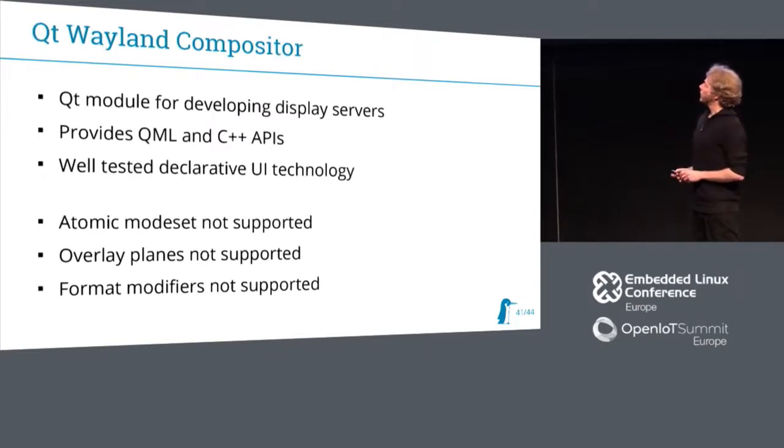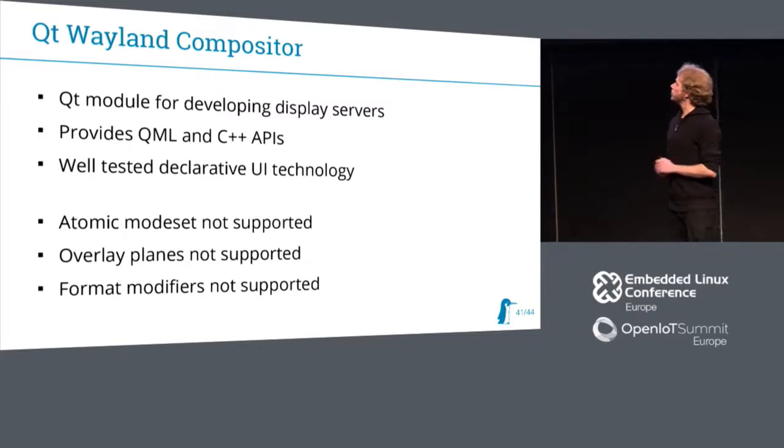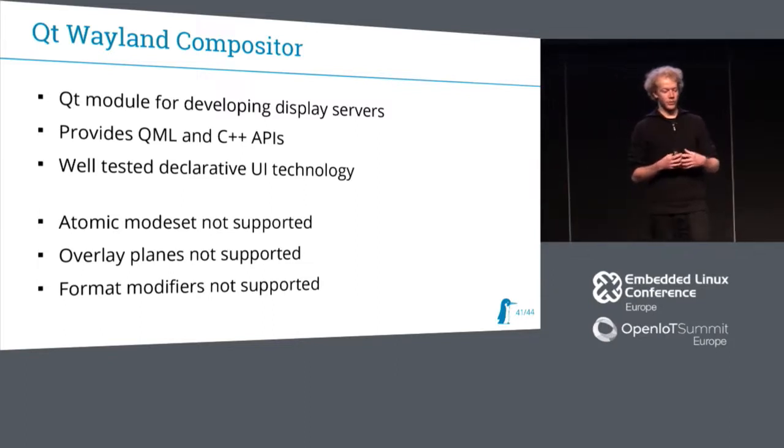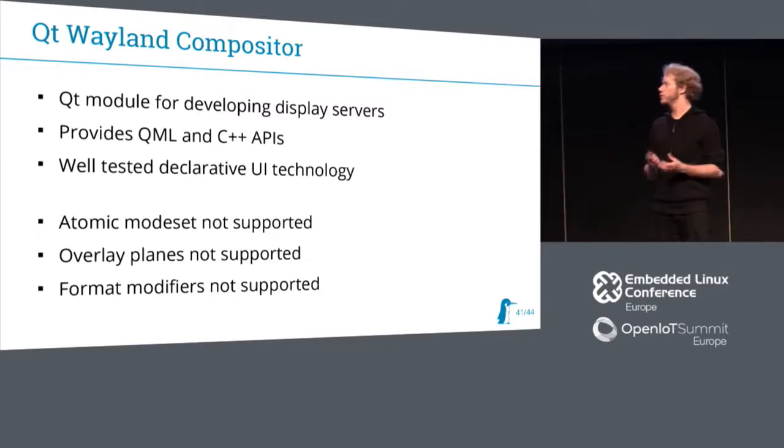And then there is the Qt Wayland compositor. It's a Qt module for developing display servers, so exactly what we need. It provides a QML interface, which makes it really simple to write a compositor, and for someone who writes applications already in QML, writing a compositor with QML is really easy.